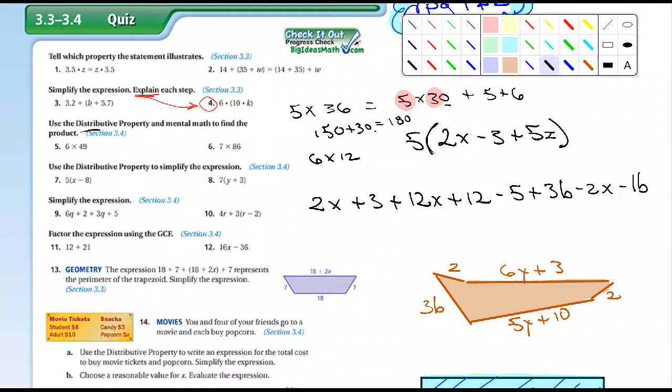I just want you to write 6 times 10 plus 6 times 2. That would be the answer I'd be looking for, because that's really using the distributive property. When you do mental math, it may take you a little longer, but it'll become automatic, and you'll start breaking the problems down into chunks that are easier for you to manage.